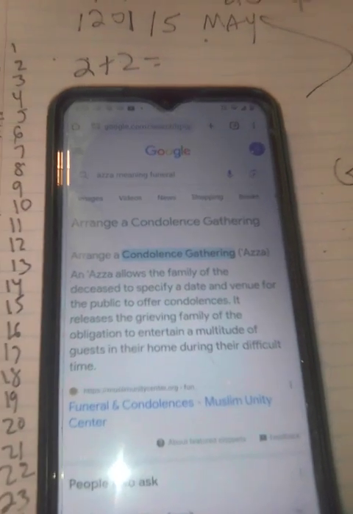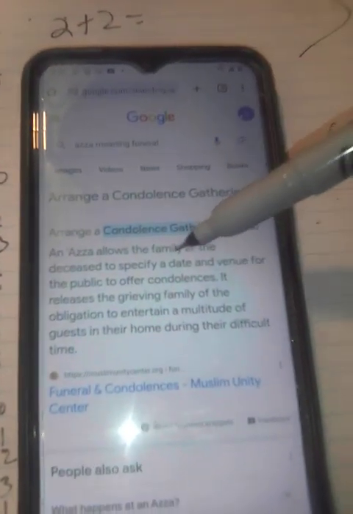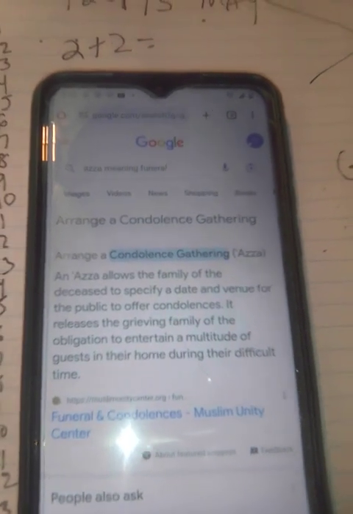Now, the other form of Azza talked about it being a beautiful goddess deity. Okay? A-S-S-A. A-Z-Z-A talks about condolencing and gathering.